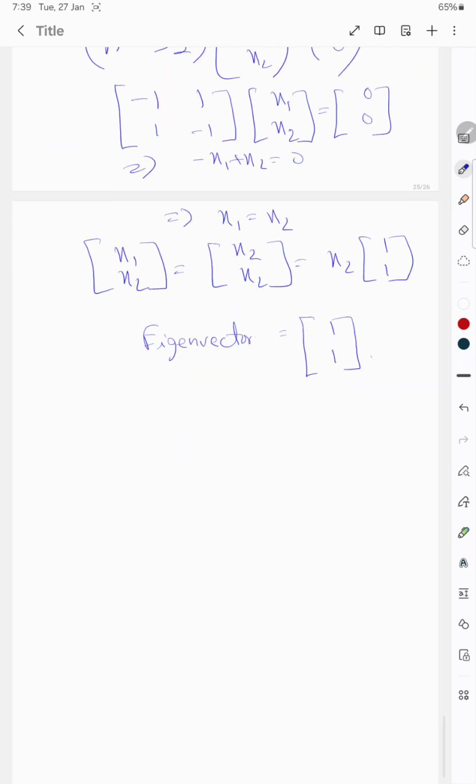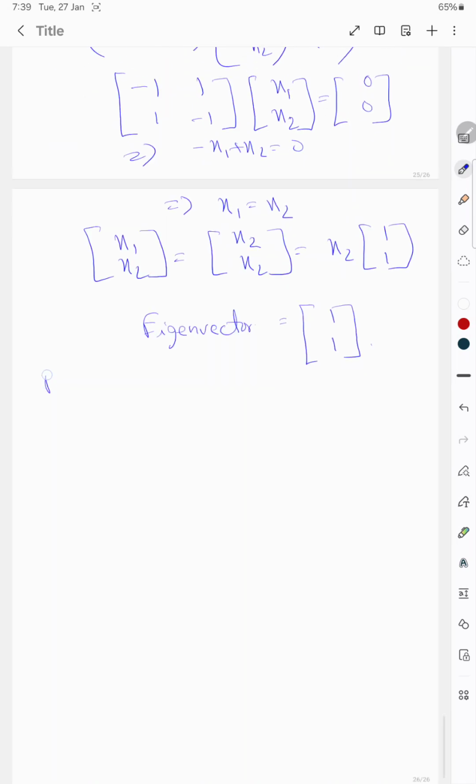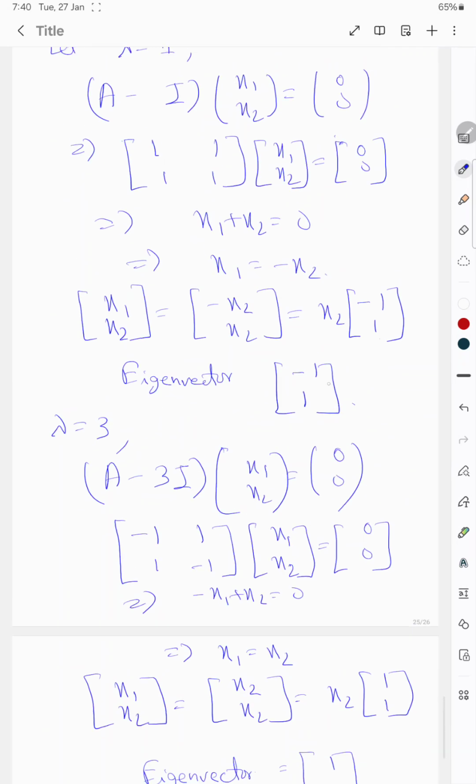Okay, so what you have: for eigenvalue 1, the corresponding eigenvector is 1 minus 1, or minus 1 1, anything you can write.